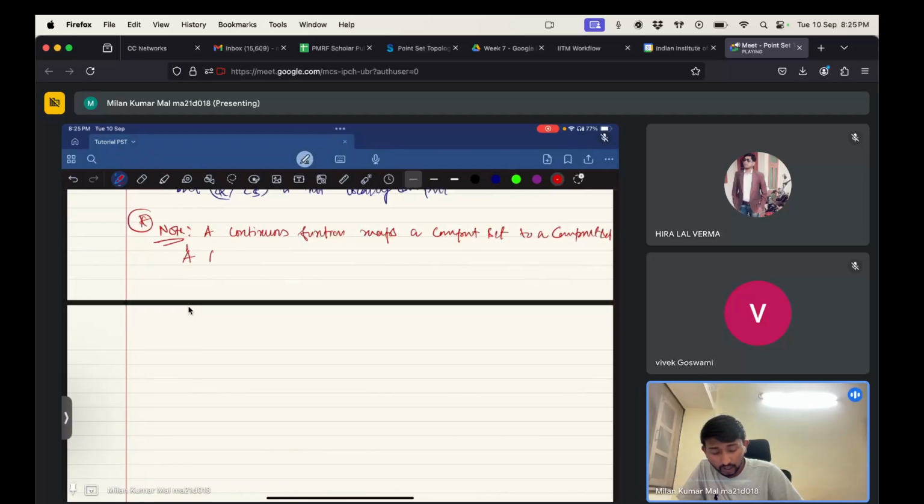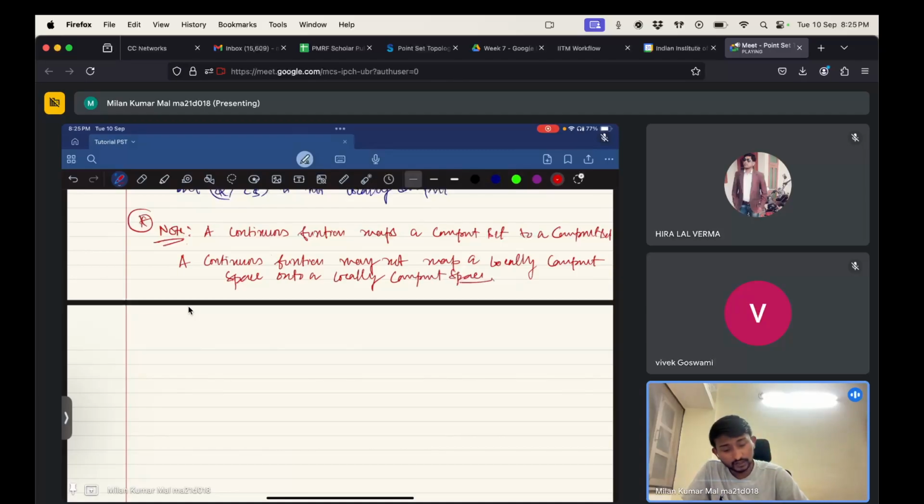But a continuous function may not map a locally compact space onto a locally compact space. Okay, this is one more fact.